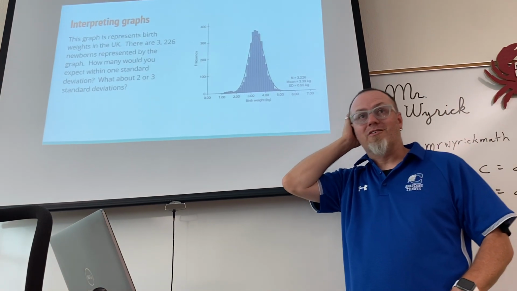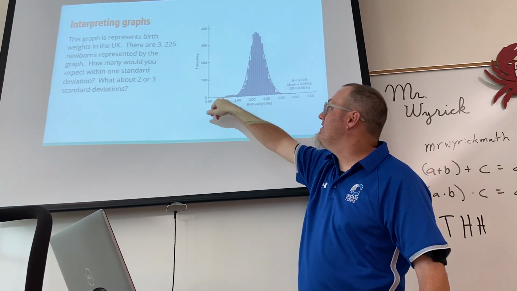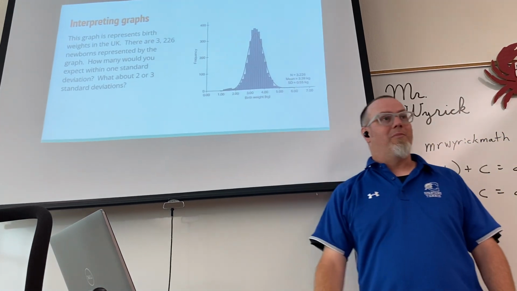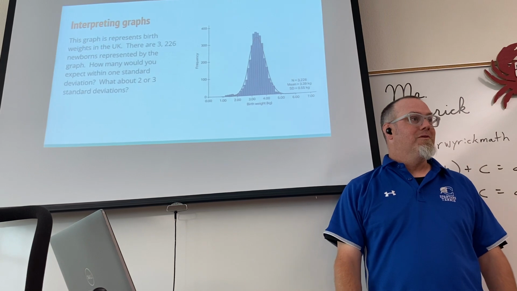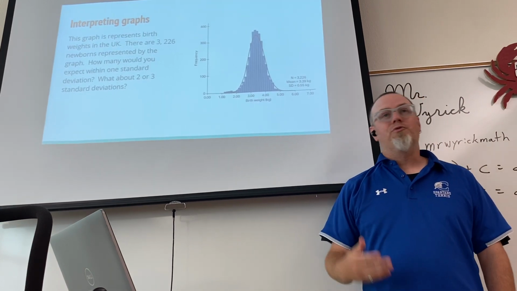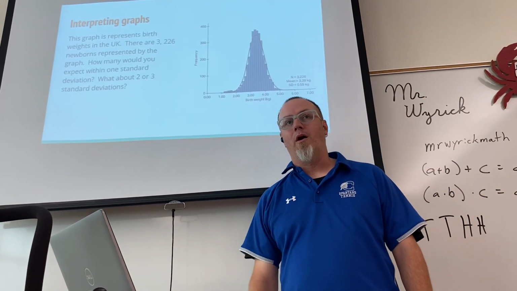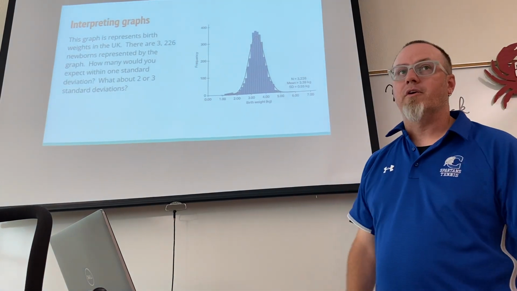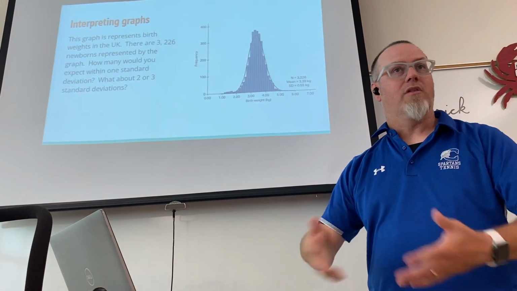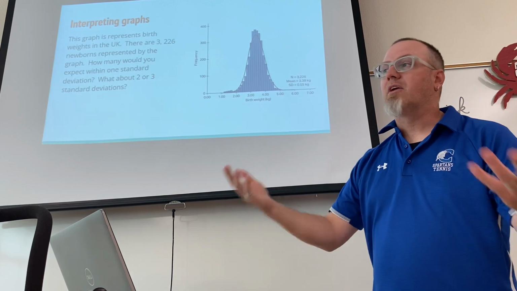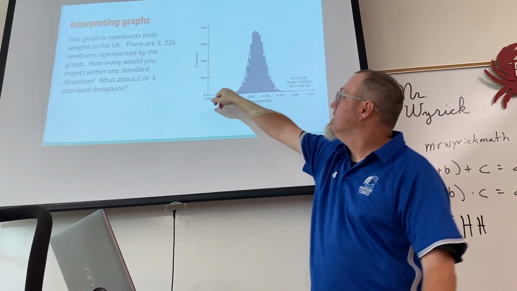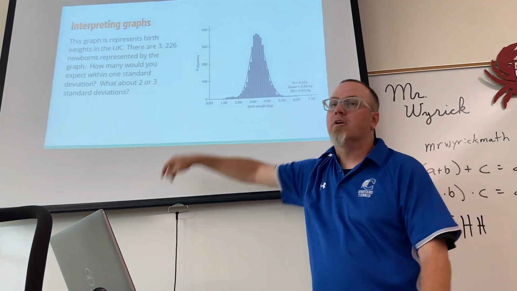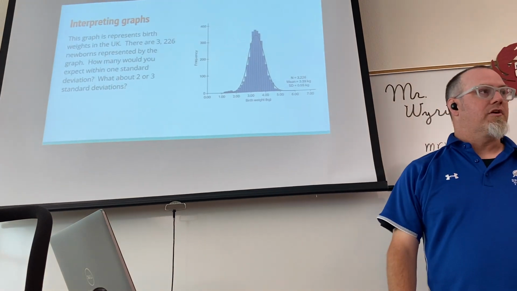So why would we have these down here? What kind of babies are very, very small? Premature, right? You do have premature babies every once in a while, and we have the technology in healthcare now to help keep those babies alive, keep them healthy, make it to where they're gonna be okay. So we get some of these down here on the very, very small end, and they're gonna be okay.